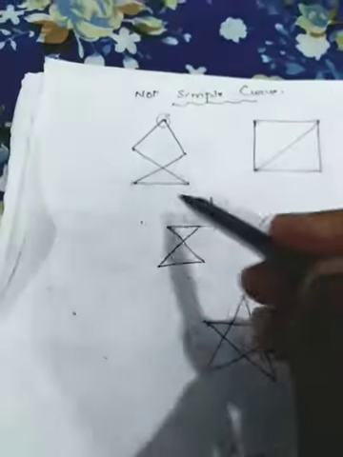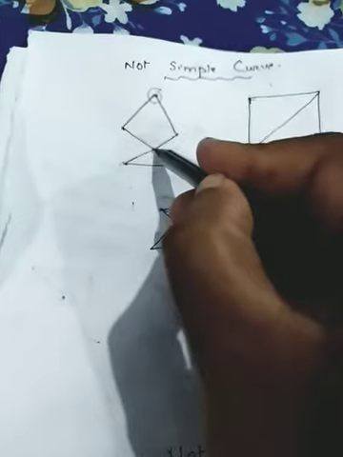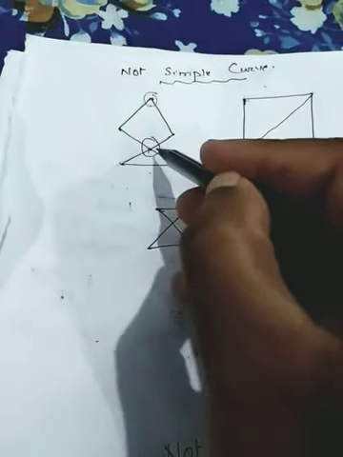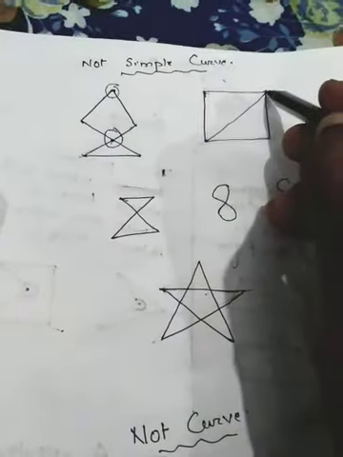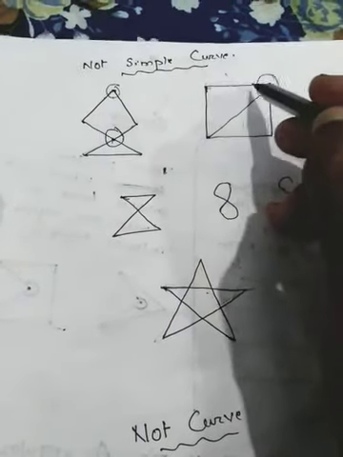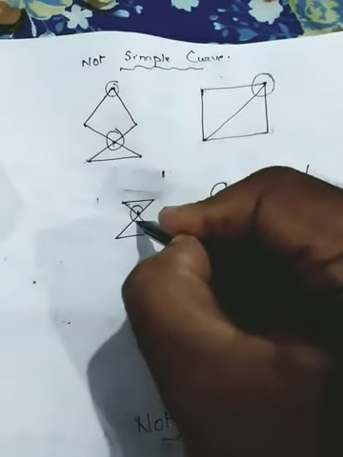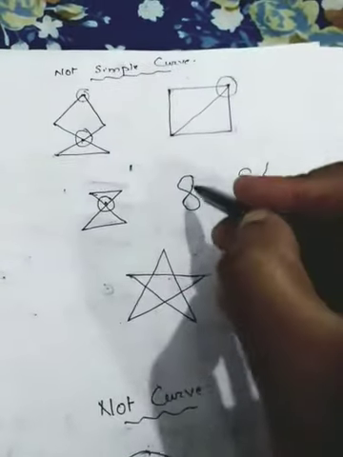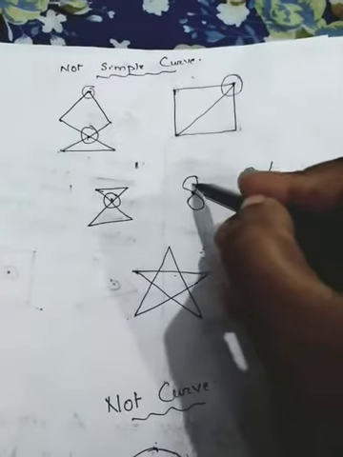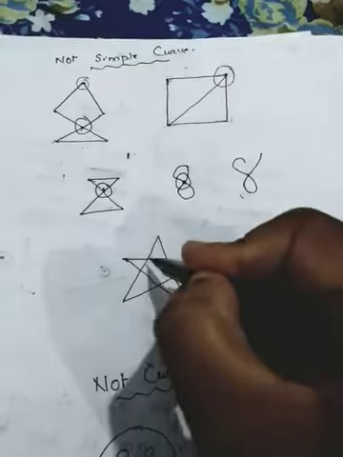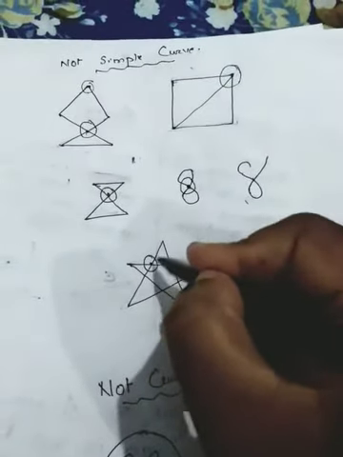But if you consider the whole figure, there is one particular point where you see how many lines are coming? 4 lines are coming. If you consider this particular point, how many lines are coming, students? 1, 2, 3, isn't it? If you consider this point, this is where you have to understand how these figures are a little different from each other. You see 4 lines again. Again 4 lines. You see this part, how many lines? 1, 2, 3, 4.